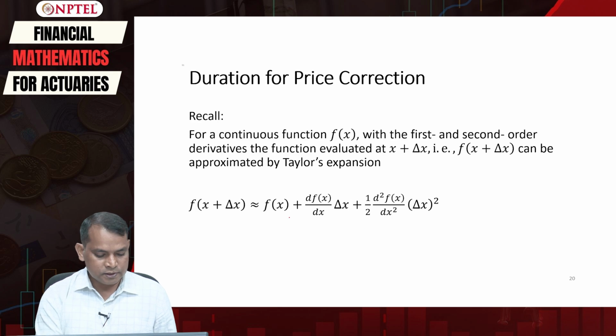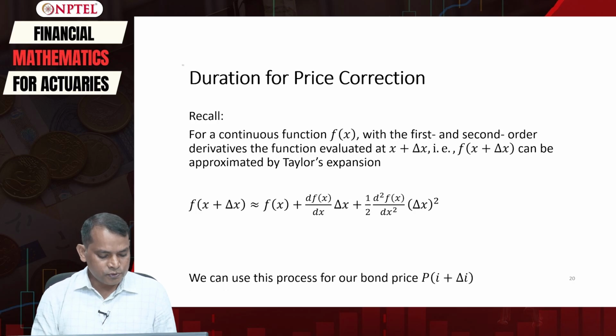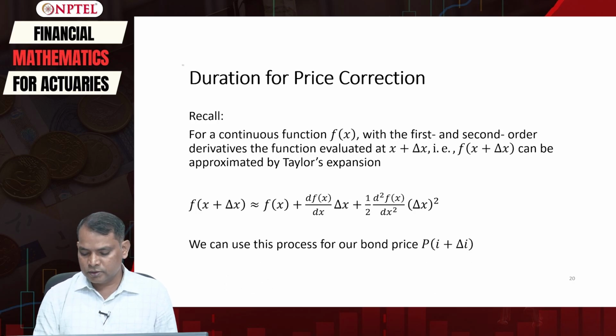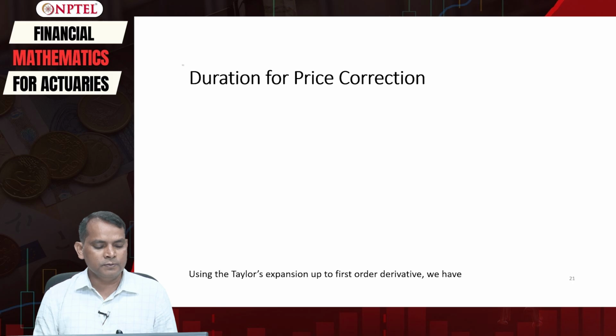This is the Taylor expansion with first and second order derivatives. Using this for our bond price P(i plus delta i), the same way we have written it here for f. Now we will proceed.